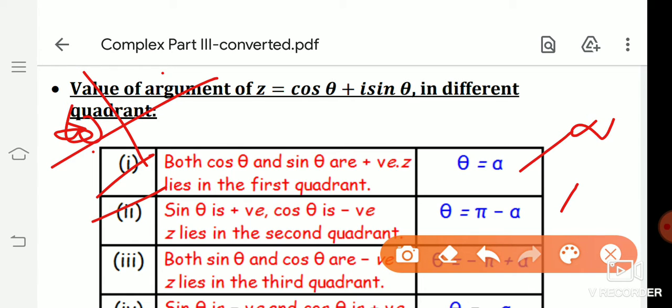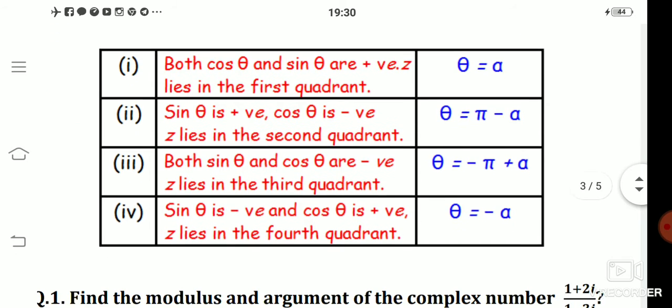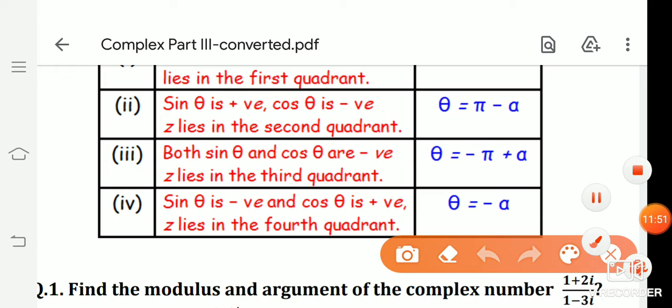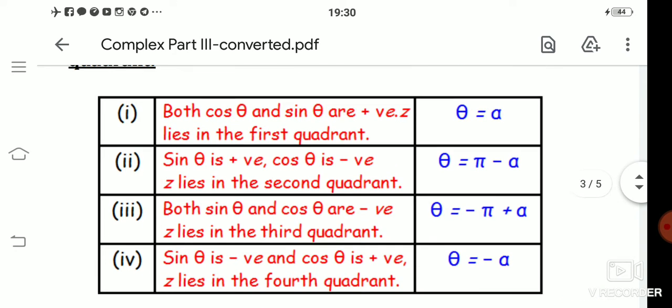Okay, third case, if both the real and imaginary parts are negative, if sin theta is negative and cos theta is also negative, then z lies in the third quadrant, and in this case the value of argument theta will be minus pi plus alpha.